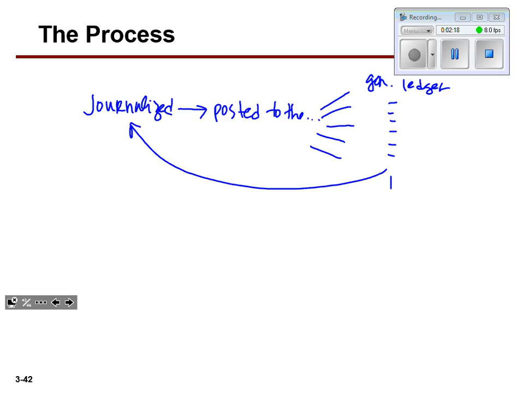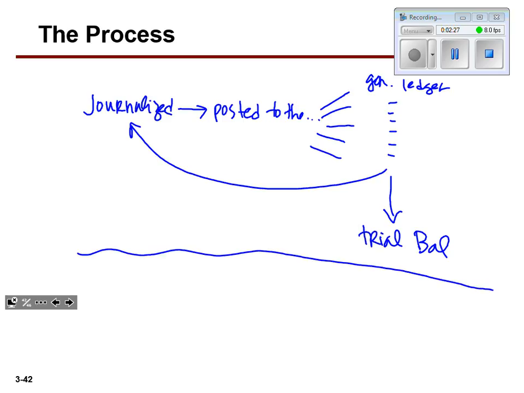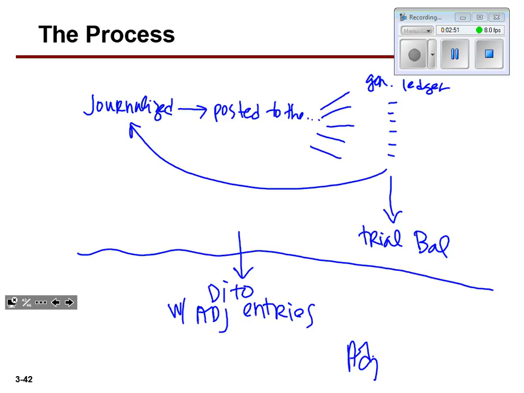And then also from here, we did a trial balance. The whole process is repeated with the adjusting entries. We do all of that same stuff again, so ditto with adjusting entries. The only thing we didn't do this chapter, we just did the journalizing. We didn't go post them and bring the account titles back to the journal entry. And then, of course, we do another trial balance, but it's called the adjusted trial balance.